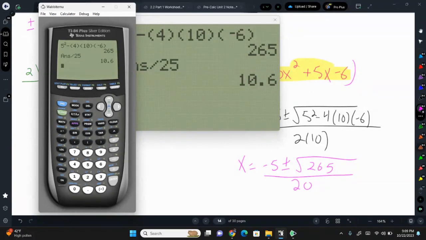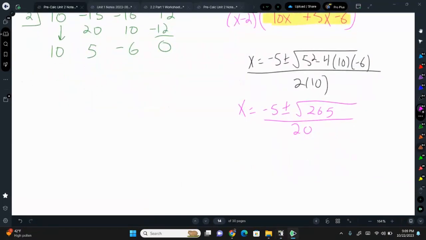So we may not be able to simplify the square root of 265. There's no perfect squares that can go into that. So then this would be our final answer. So we have x equals negative 5 plus or minus square root of 265 over 20, and x equals 2 that we got from the original.